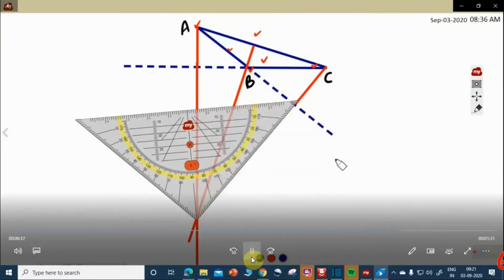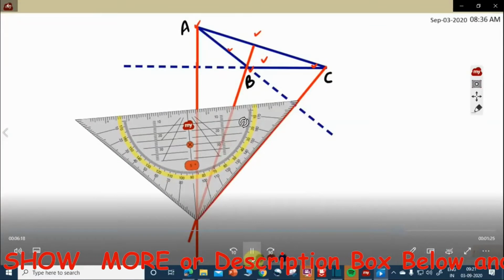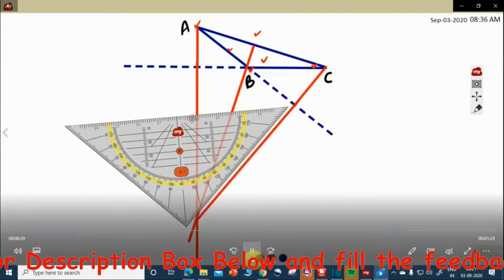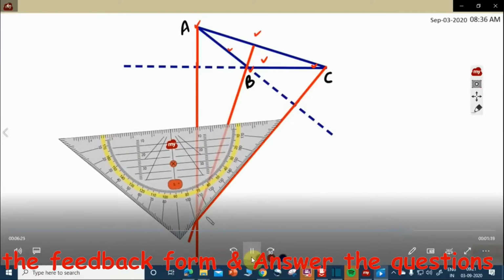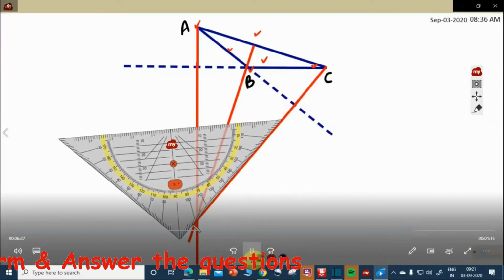Good. Now we can see that it almost reached over there. Extend it and get the orthocenter.